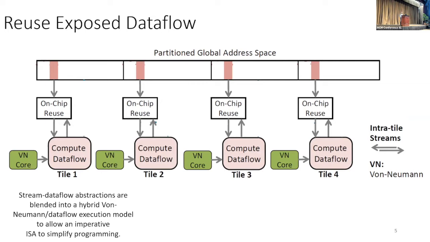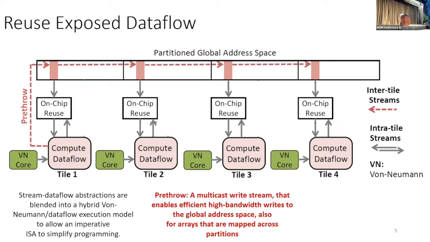There's another big space to exploit reuse, which we do with two mechanisms we call pre-throw and podcast. So pre-throw is something where you have a tensor or a data structure that's going to be consumed in various other places. We architecturally expose it, and the programmer can tell the hardware that it's going to a bunch of places.